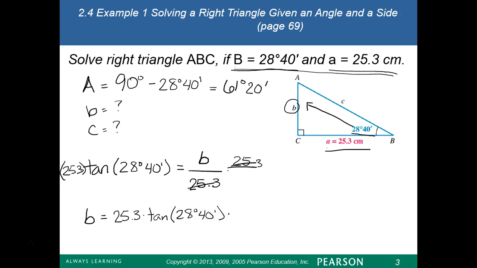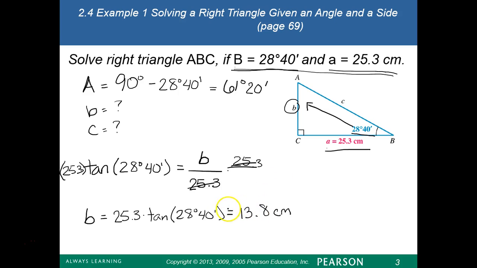And what you should get is, let me see here, what did I get? 13.8 is what I got. And that's going to be in centimeters.